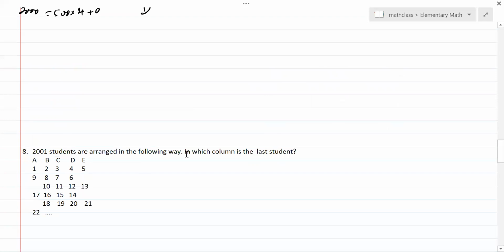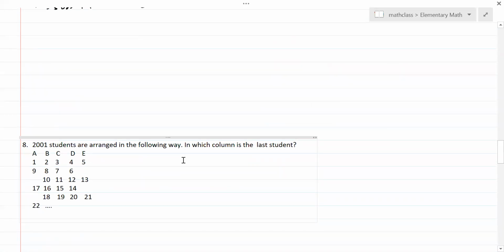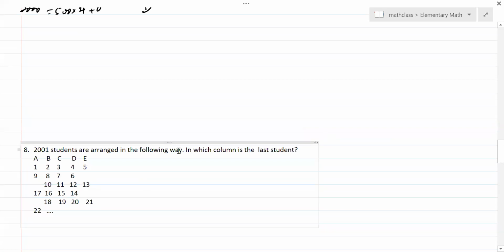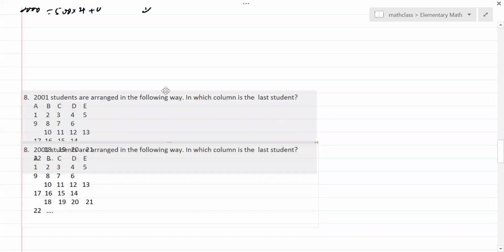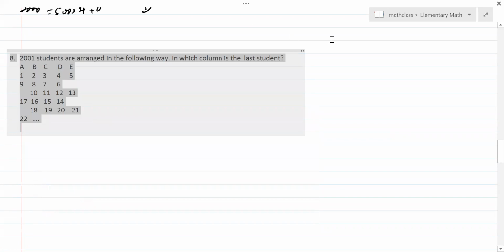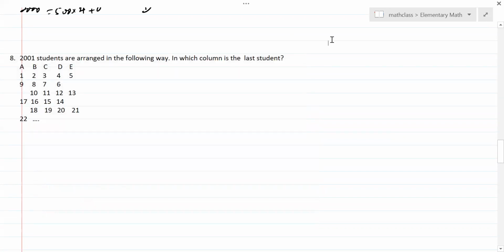So now we're going to look at this. This is slightly different, and it's more challenging. Take a look: 2001 students are arranged in the following way.